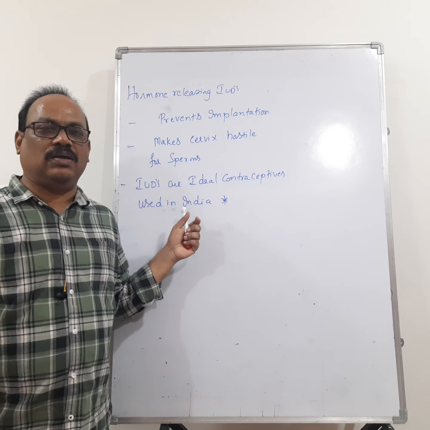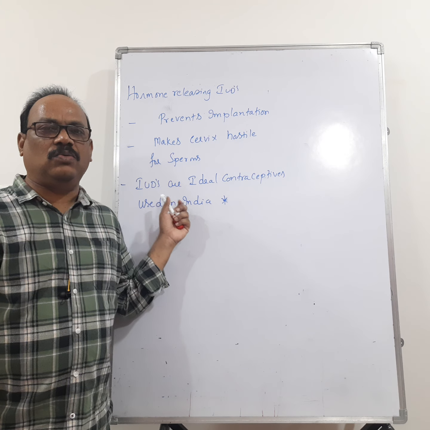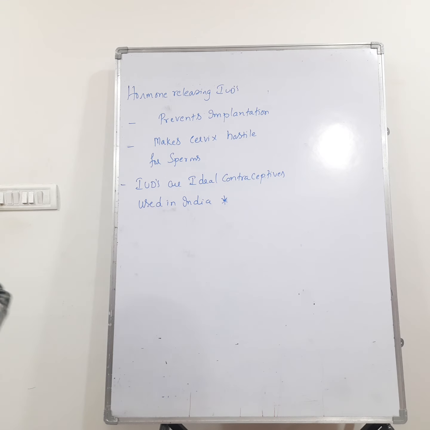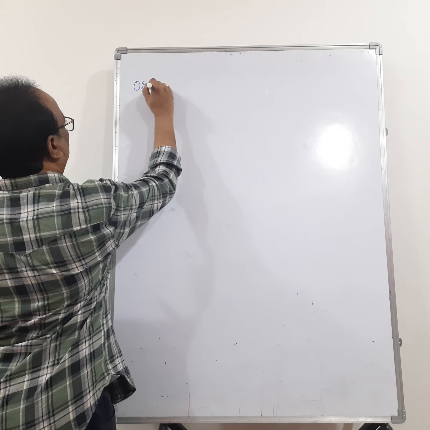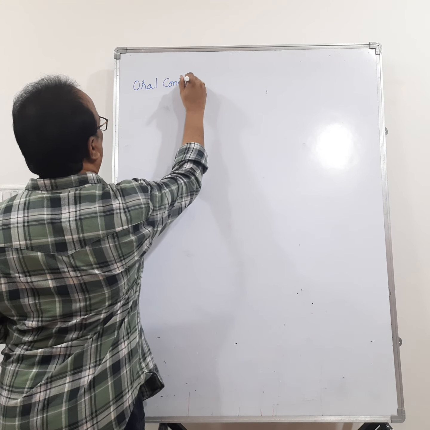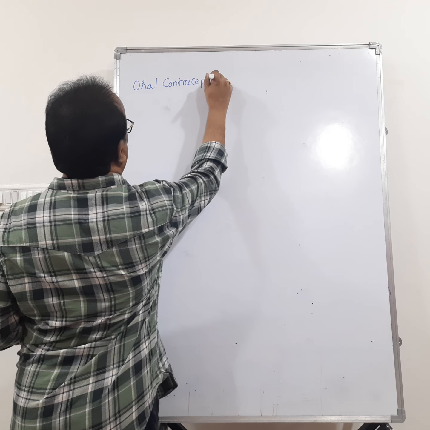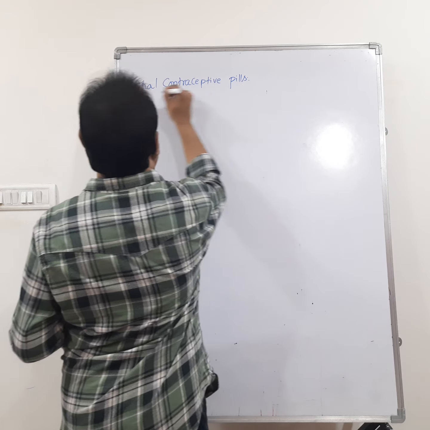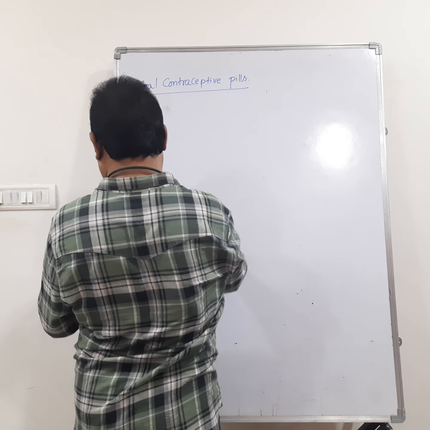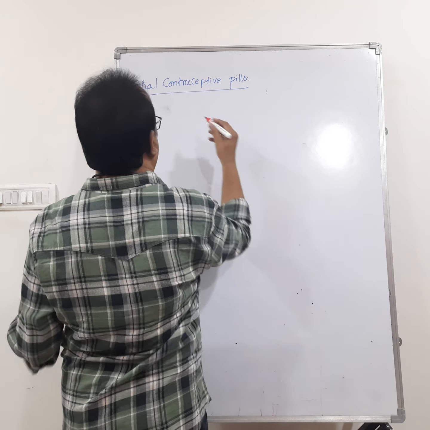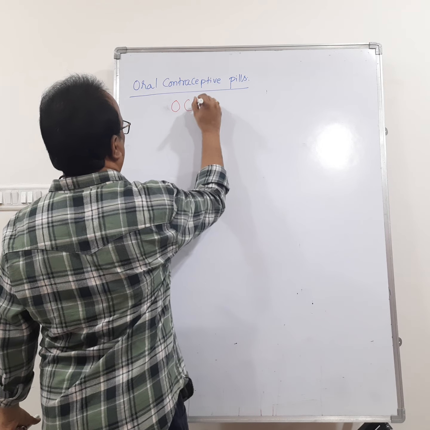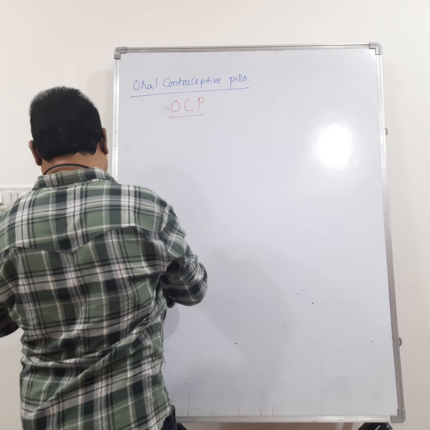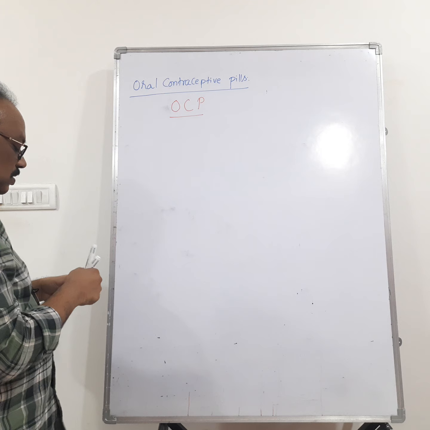Now we go for the next one, oral contraceptive pills. We call oral contraceptive pills OCPs.